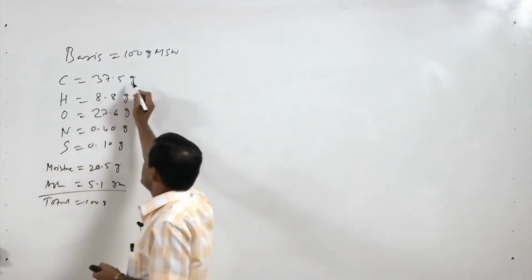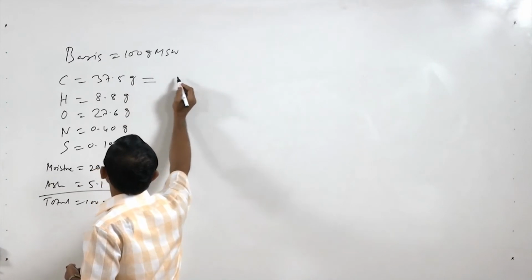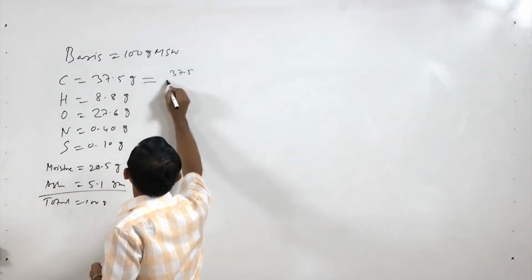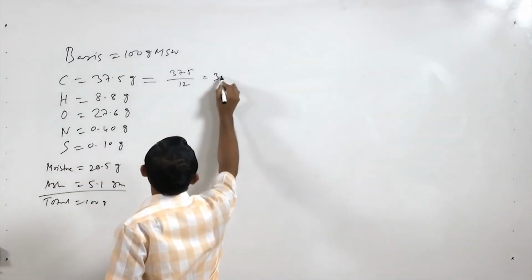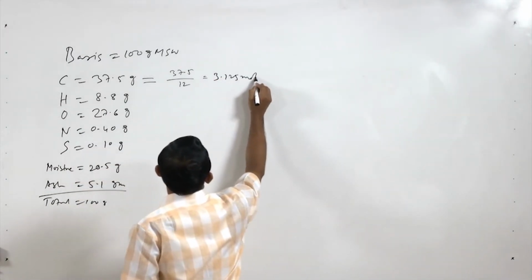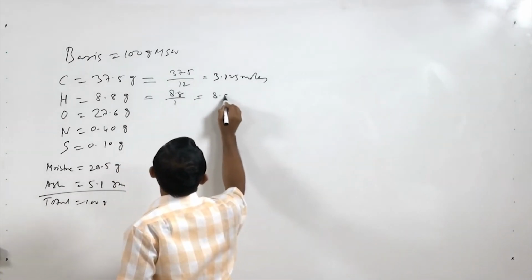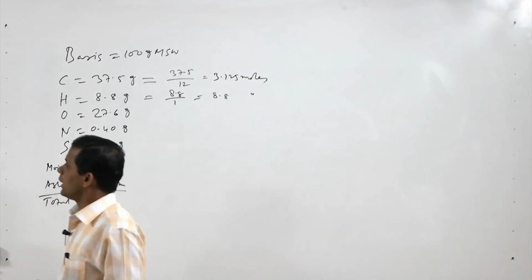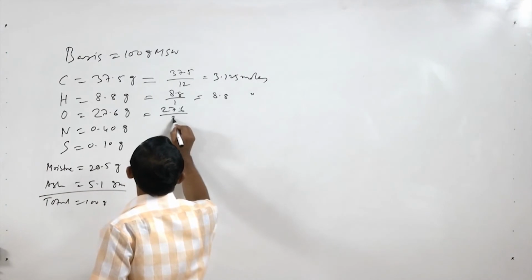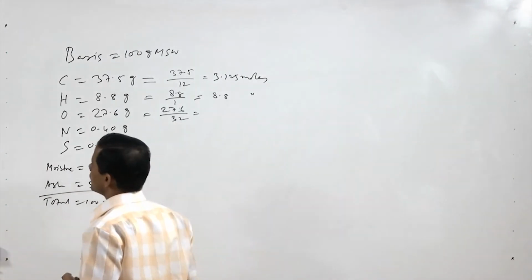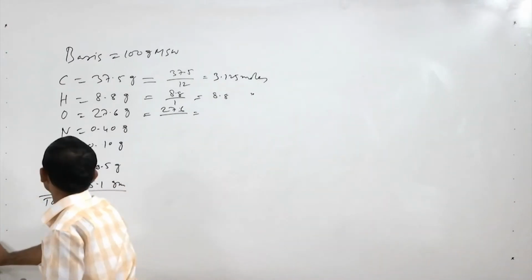Now, this 37.5 gram we can convert into moles. So, that will be 37.5 divided by 12, that is 3.125 moles, and hydrogen will be 8.8 divided by 1, 8.8 moles, and then oxygen 27.6 divided by 16, sorry, not 32, this will be 16.